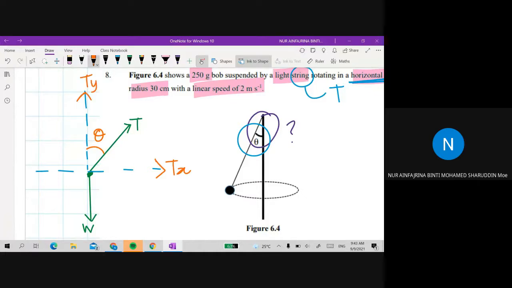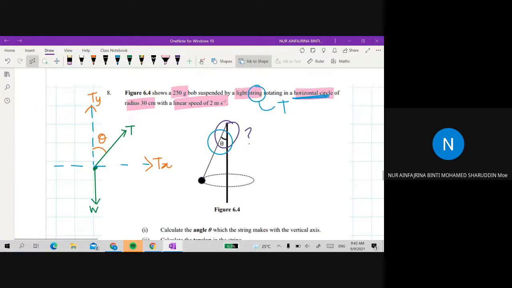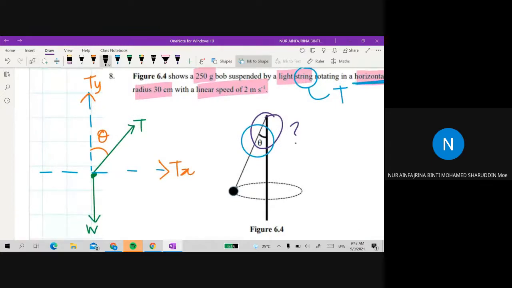Okay, jom kita resolve dia dululah. So TX, when you resolve TX, you akan dapat apa? T sin theta. TY? T cos theta. Oops, okay. One moment.